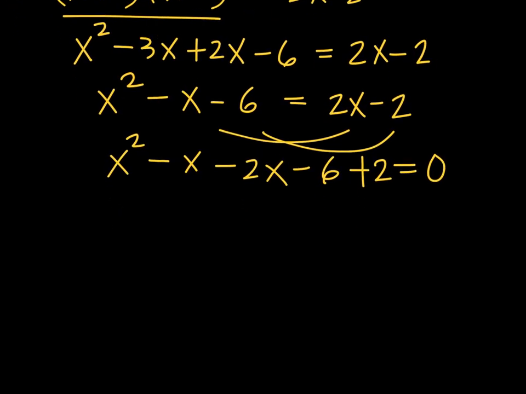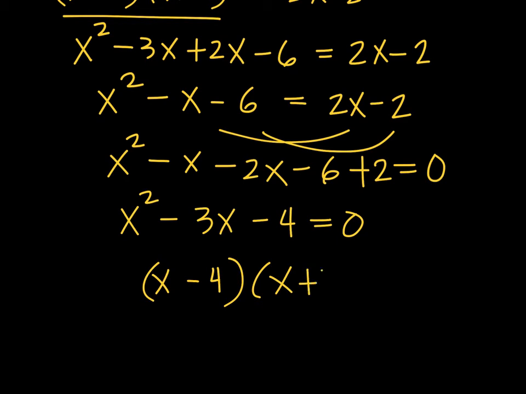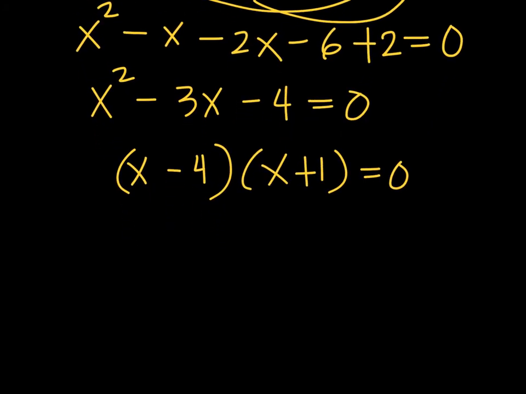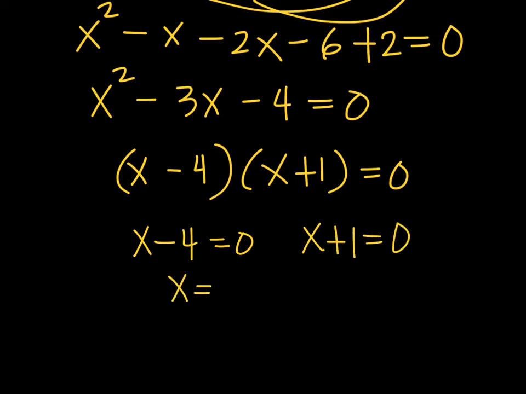Then we have x squared minus 3x minus 4 equal to 0. Then factor this into x minus 4 and x plus 1 equal to 0. Finally, x minus 4 must be 0, or x plus 1 is 0, and that gives us x equals 4 and x equals negative 1.